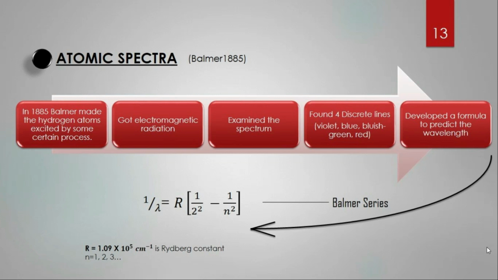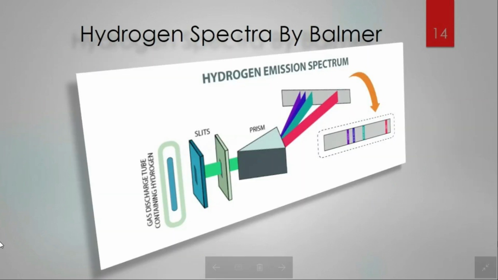Now at this point we should know that Balmer did this experiment with equipment which was not so sophisticated, and that's why he got only 4 colors of discrete lines: red, bluish green, blue and violet.